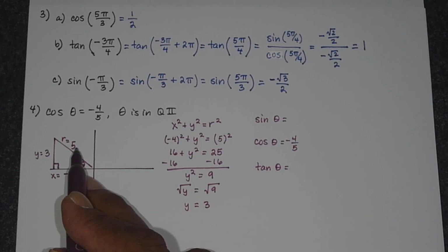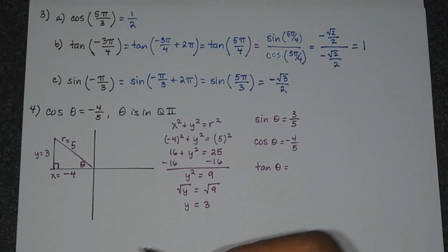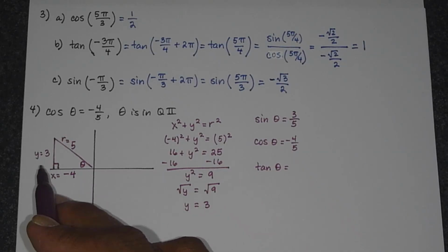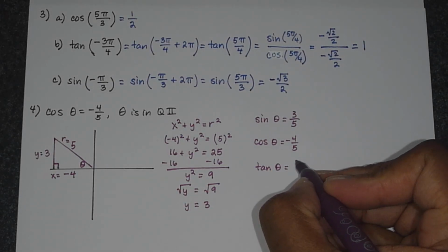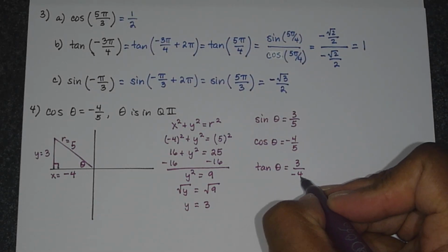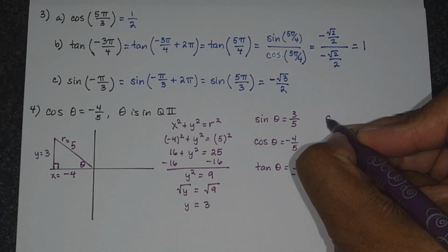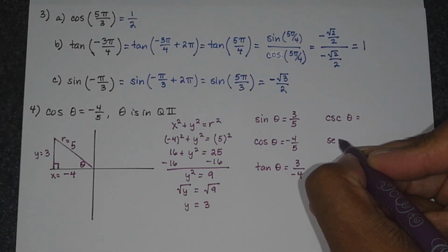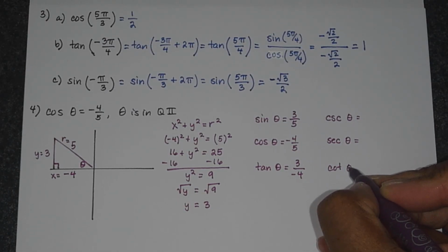Opposite is 3 and hypotenuse is 5. So it's 3/5. Cosine of theta we already have, but the tangent of theta will be the opposite over adjacent. So this would be 3 over -4. Now, once I have sine, cosine, and tangent, I can find their reciprocals: the cosecant, the secant, and the cotangent of theta.